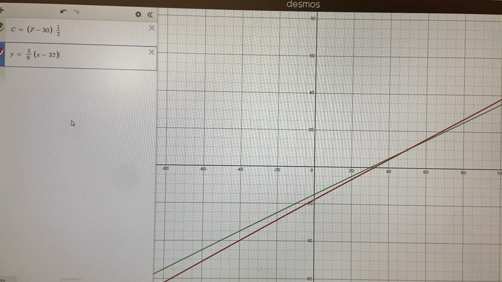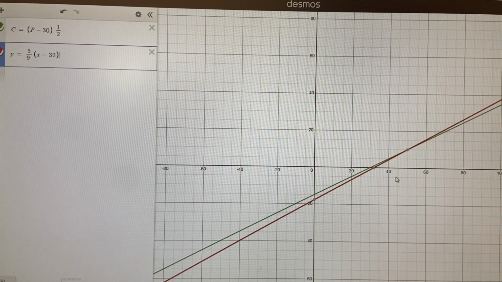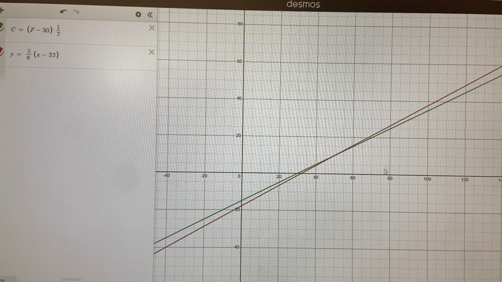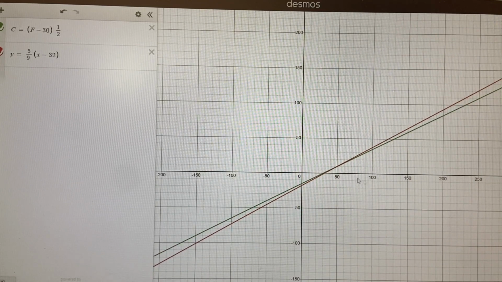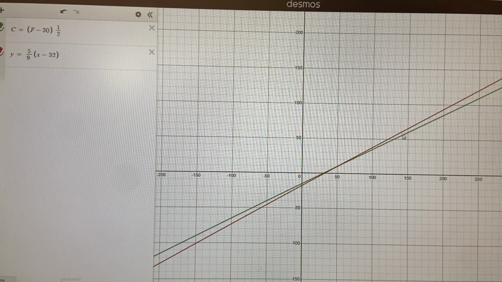So this one here, the red one is the actual one and the green is the approximate. You can see that within reason here between 40 and 50 Fahrenheit, the difference between the two is negligible, or depending on the range of things you need, between, I don't know, 10 Fahrenheit and 100 Fahrenheit, the range here is pretty close, and then they start to differ.